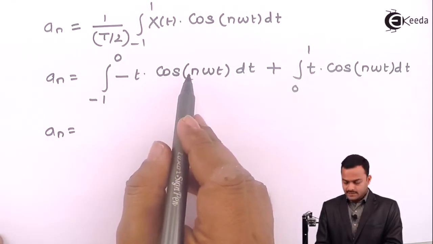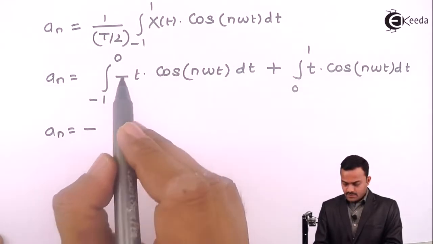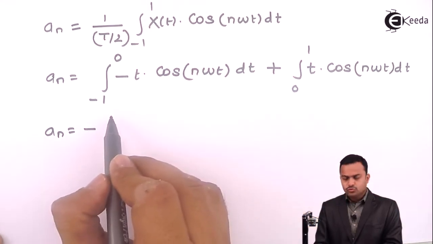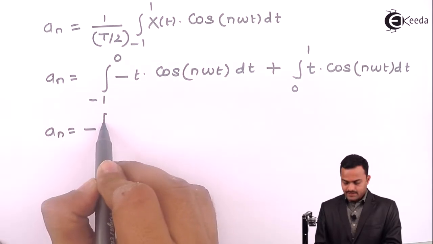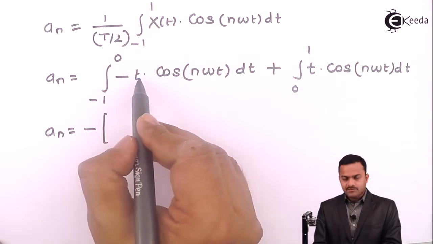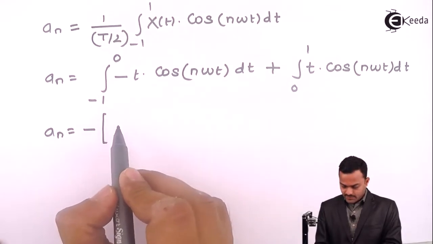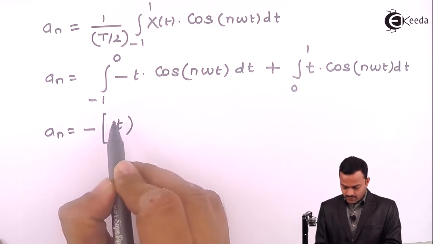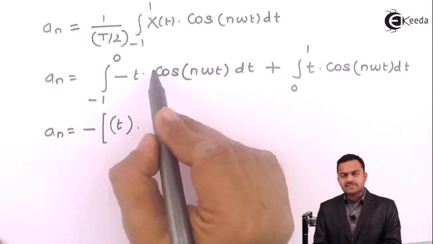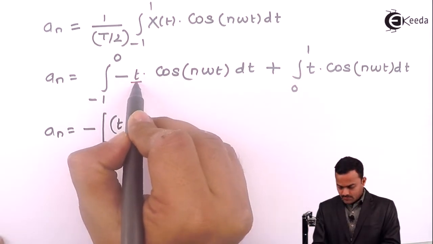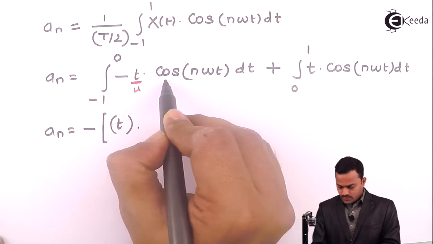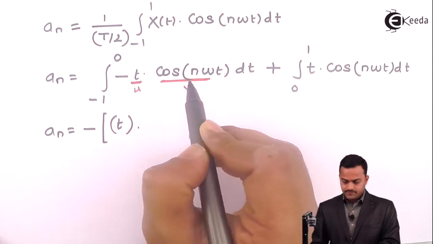So for this, I take a minus common, and t cos n omega t, u into v formula of integration we need to apply. So I'm applying it directly. So it will be like this. The first term will be as it is, multiplied by integration of the second term. So over here, we consider this term as u and this term as v.